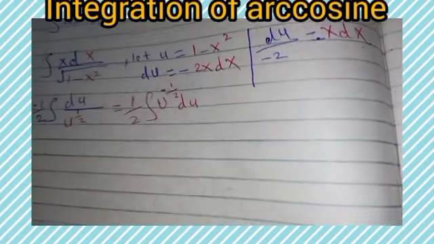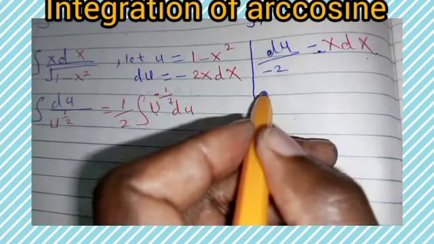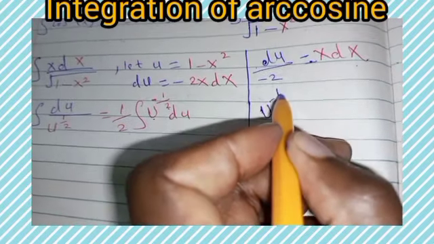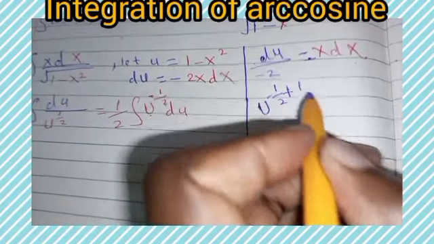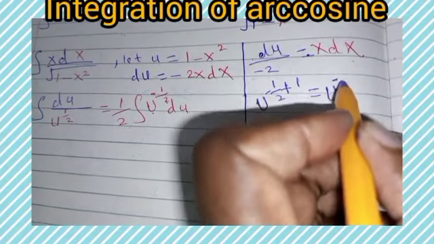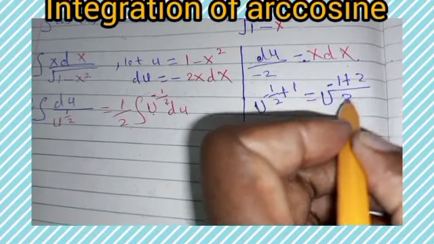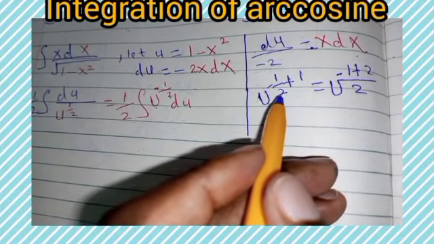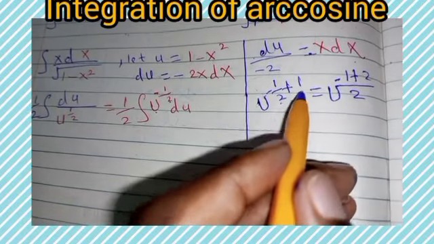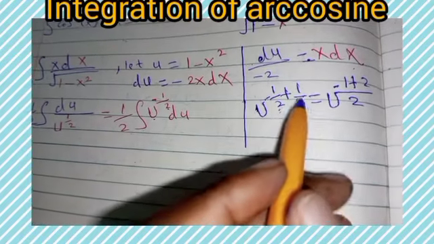Now integrating by the power rule, we add 1 to the power. You have power -half plus 1, which is u power -1 over 2 plus 1, where the LCM is 2.